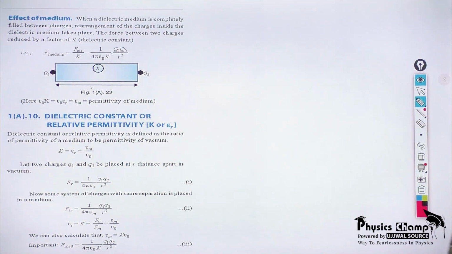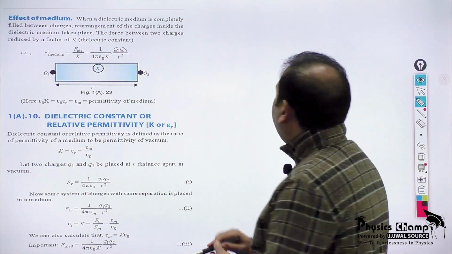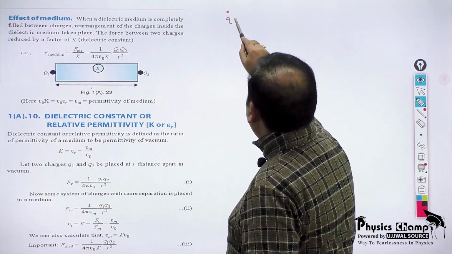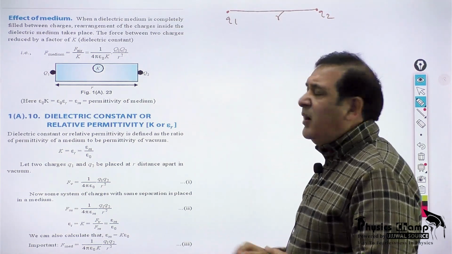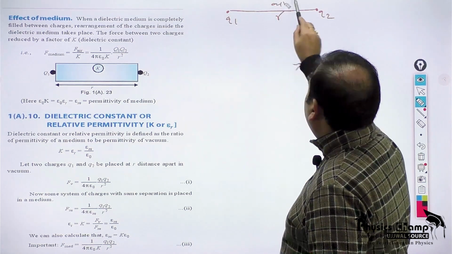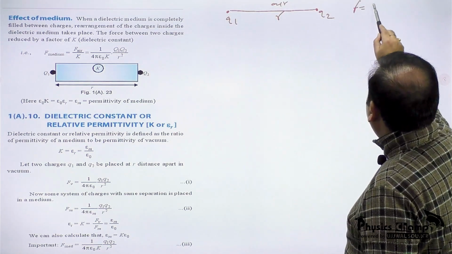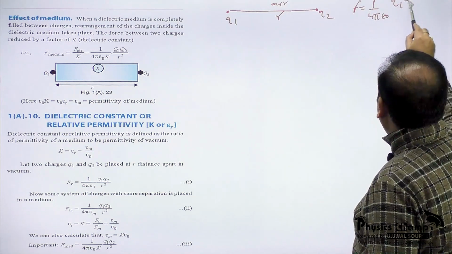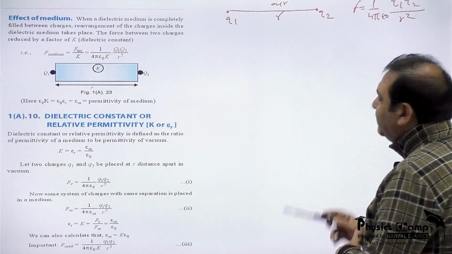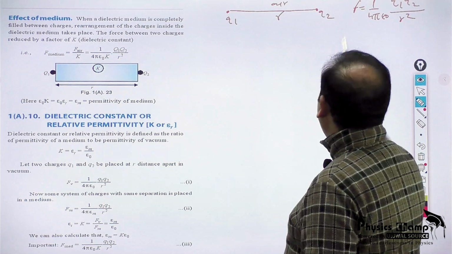Now, as we have learned, if we have two charges q1 and q2 placed r distance apart in air, the force between them would be 1 by 4 pi epsilon naught q1 q2 by r square. This is the force in air.